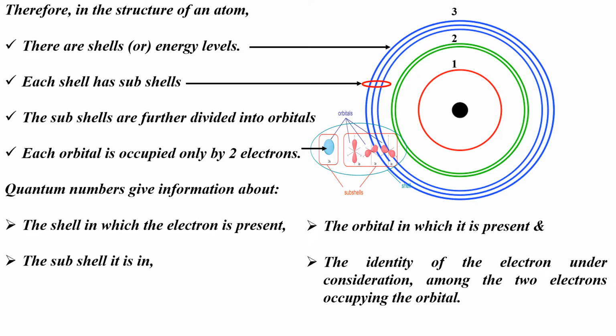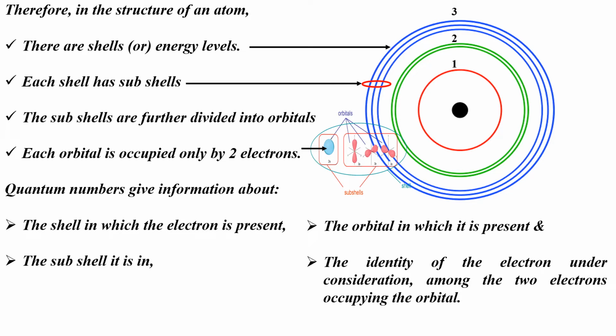Each subshell is further divided into orbitals. Remember the rooms of the apartment. The speciality of these orbitals is that each is occupied only by 2 electrons and not more than that. So, quantum numbers give us information about the shell in which the electron is present.